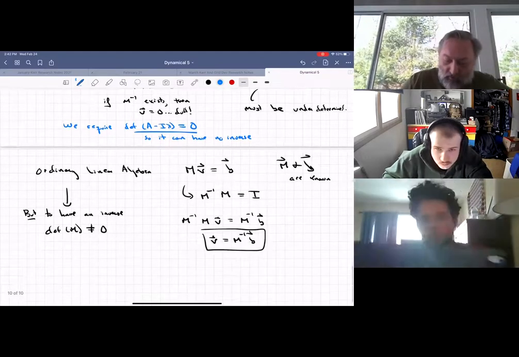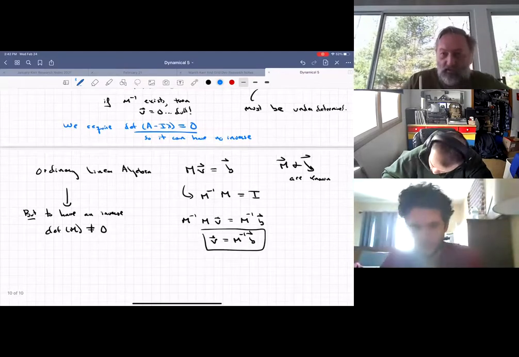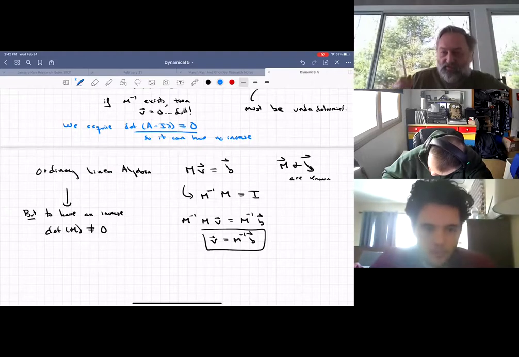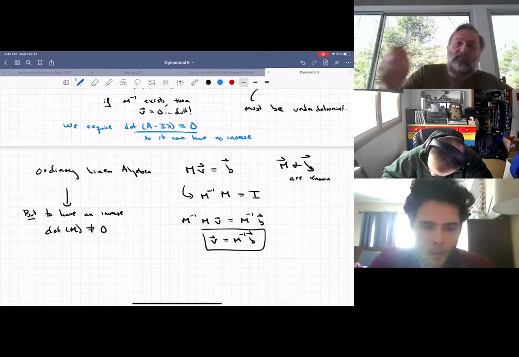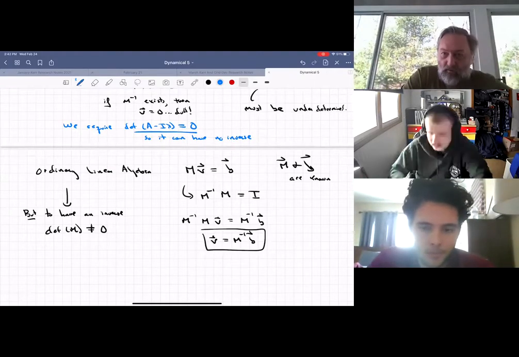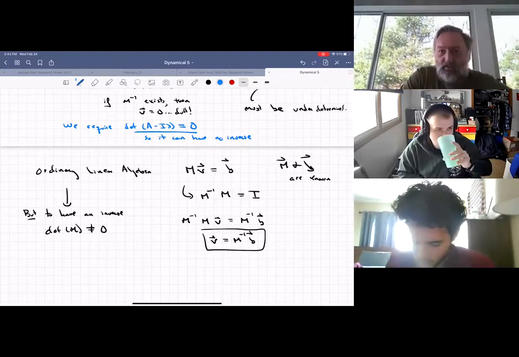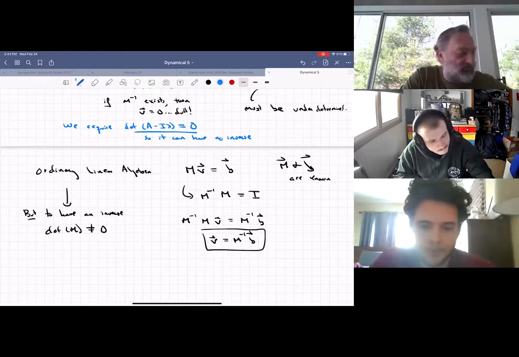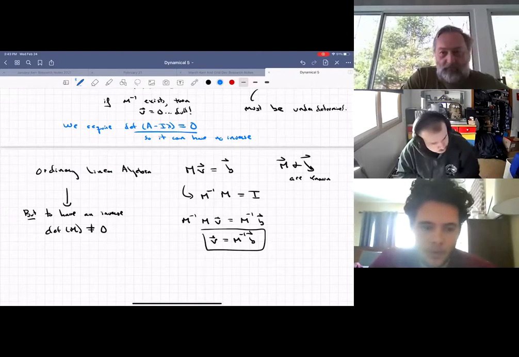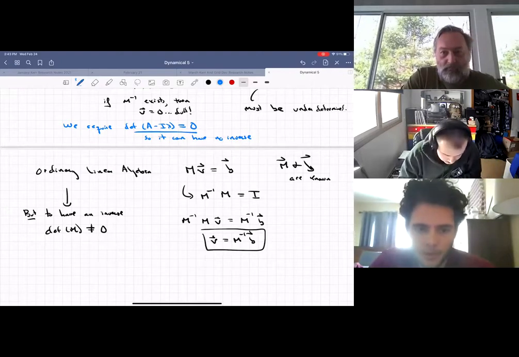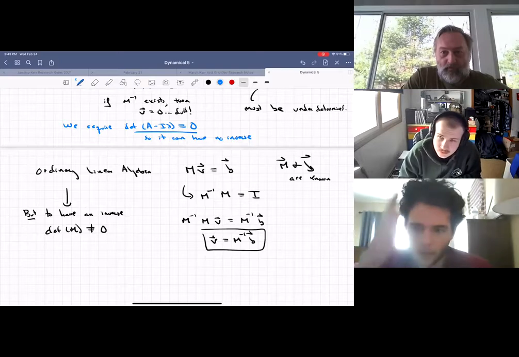In ordinary linear algebra, you want the determinant of the matrix to not be 0 so you can invert the matrix. But in an eigenvalue problem, you don't want to invert the matrix, so you require that the determinant of this thing is equal to 0. If there are only trivial zeros, then the columns are linearly independent.